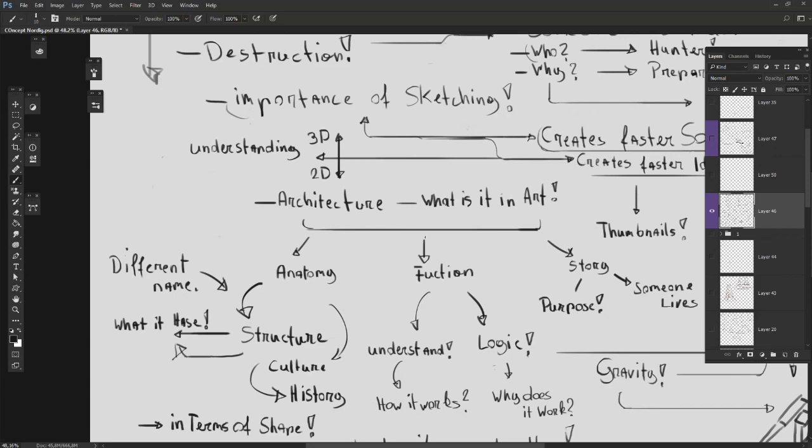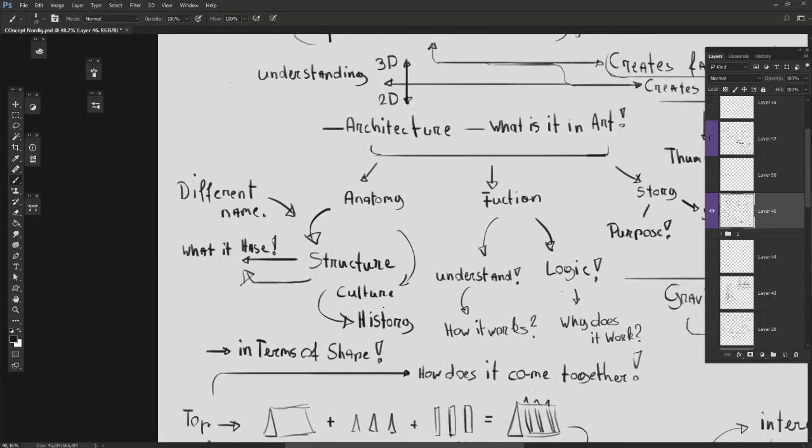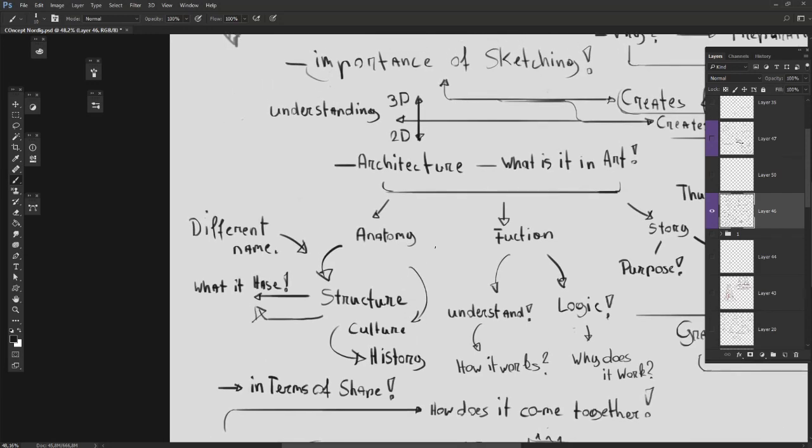But in environment, we say structure to it.